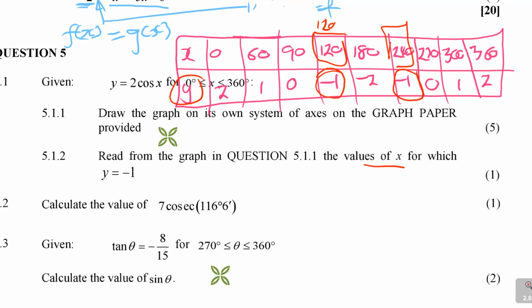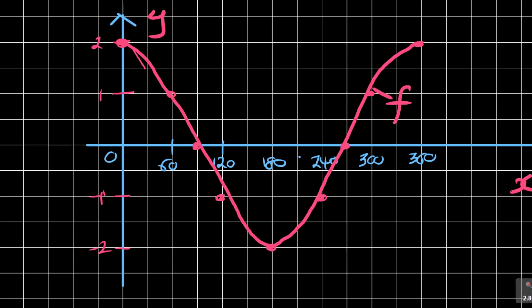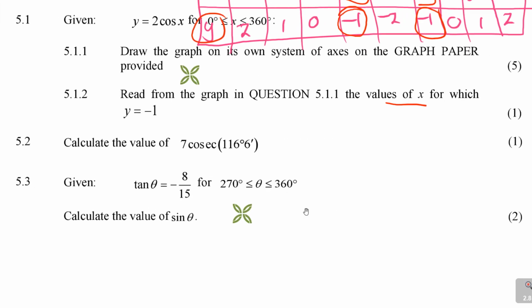But you come here again, when y is minus 1, you can draw that line. Y is equal to minus 1. There it is. See? So I didn't draw it well, but it was supposed to be there and supposed to be there. You know, that is 120 and 240. That is that part again. Alright? And yeah.